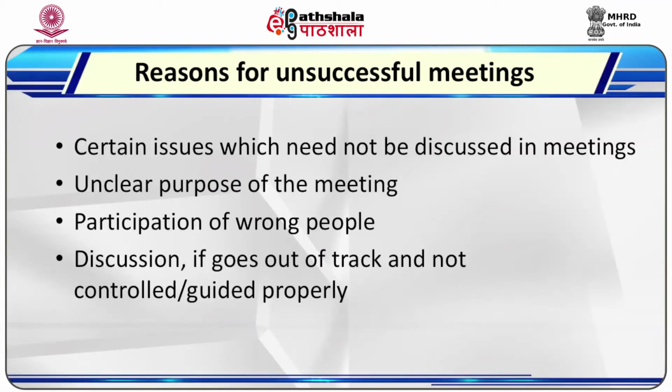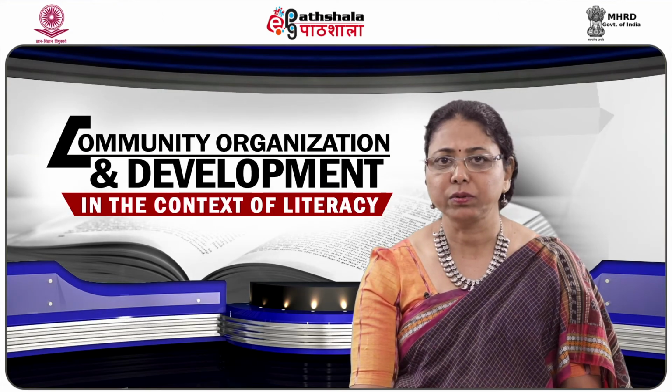There are certain issues which need not be discussed in the meeting. The purpose of the meeting is not clear. The wrong people participate, as the issue does not concern them. If the discussion goes off track and is not controlled or guided properly, then the meeting becomes unsuccessful.